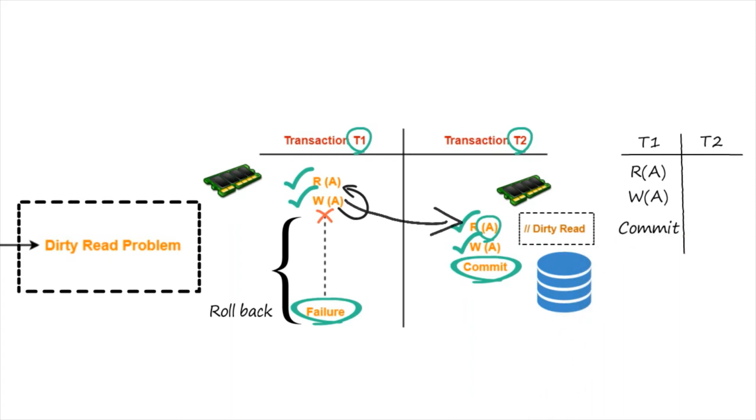Here T2 must read the value after the commit, because commit means the changes made by the transaction T1 are now in the stable storage, in the database. But here there is no commit. As a result, after some time, this transaction fails, and as a failure it has to roll back, so it goes back to the previous value. So whatever value T2 is reading, there is no significance. So this is one problem, known as the dirty read problem.